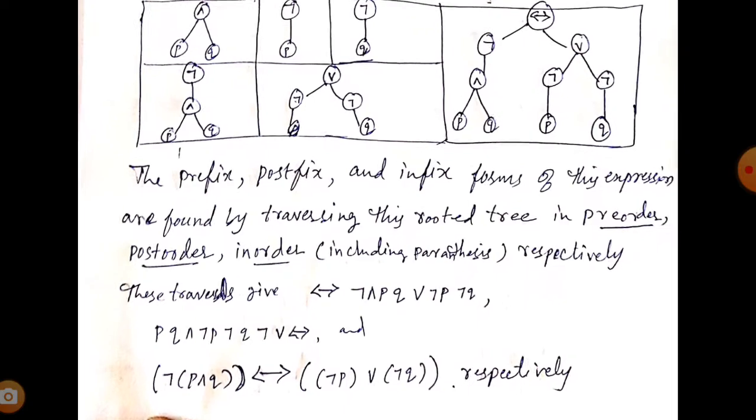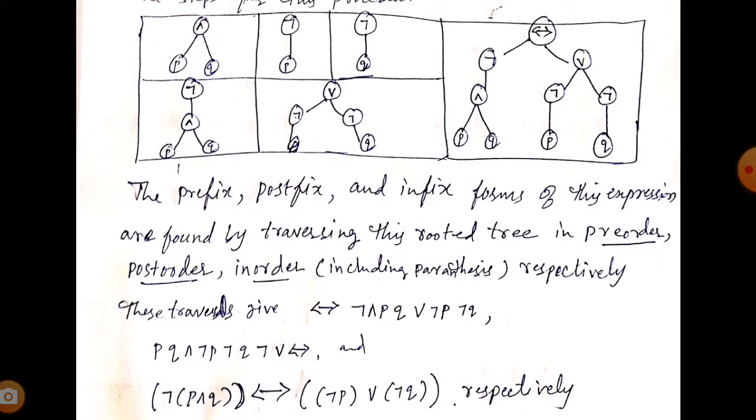So first we will go for the left one, which is negation of P and Q, negation of P and Q, if and only if negation P or negation Q, like that.